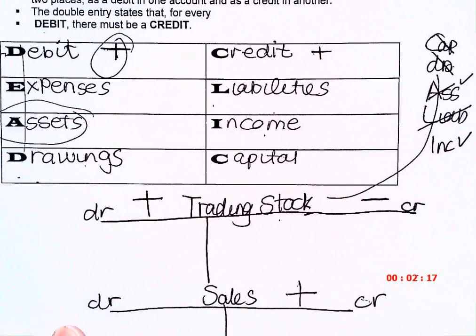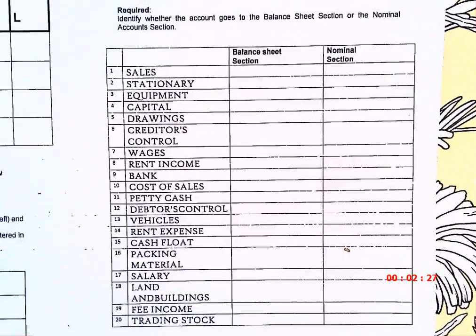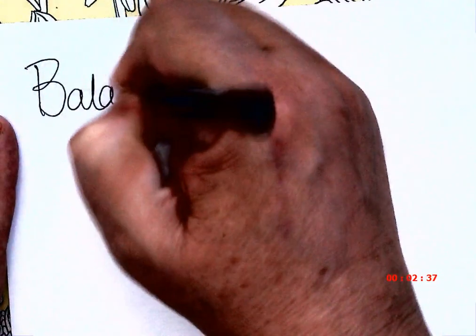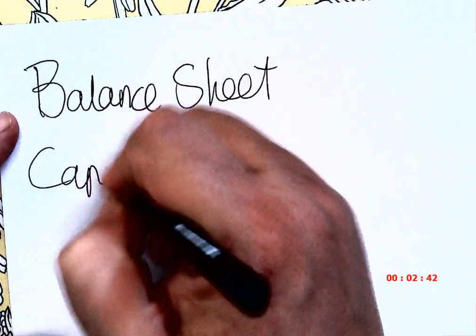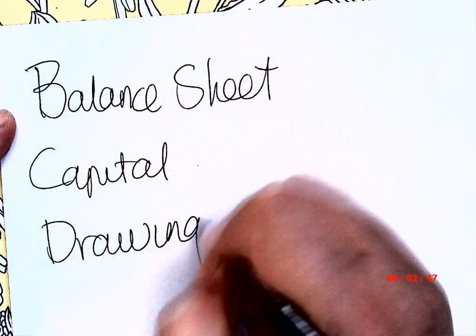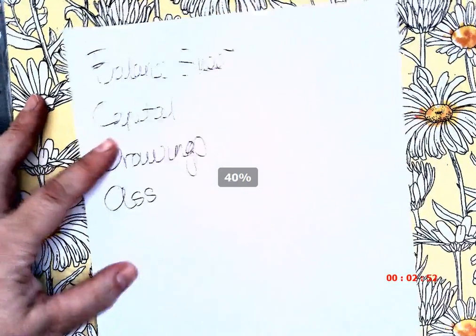Now the next exercise, which is exercise 4, they are asking me to classify things in the balance sheet and the nominal section. So I just want you to quickly write this down somewhere. Your balance sheet section will always be your capital, drawings, assets, and liabilities.